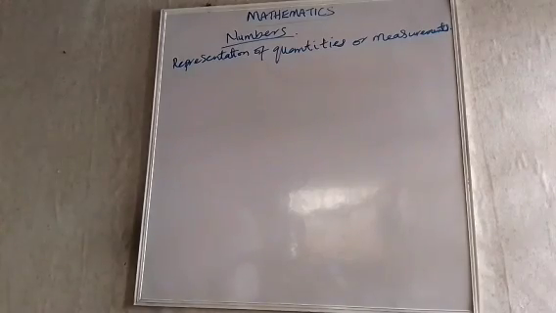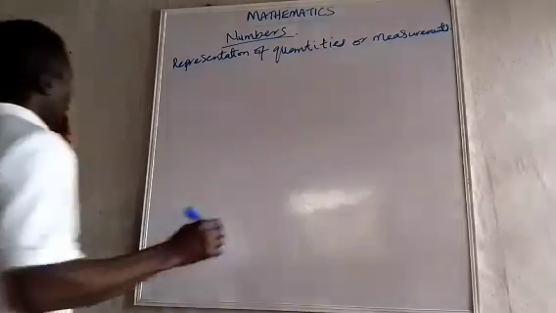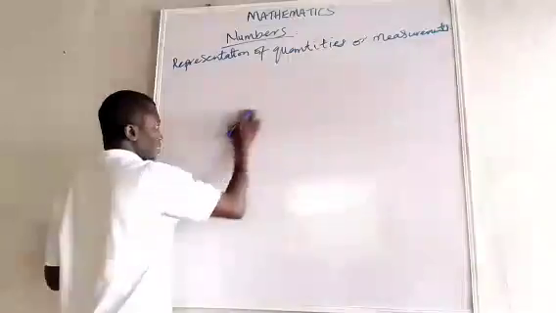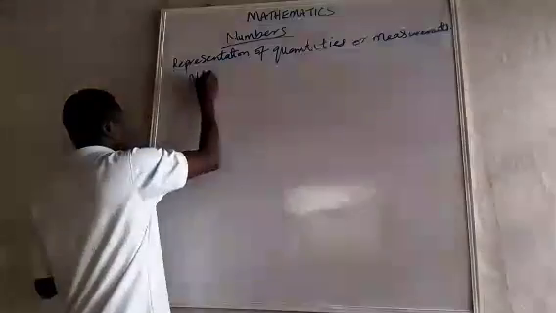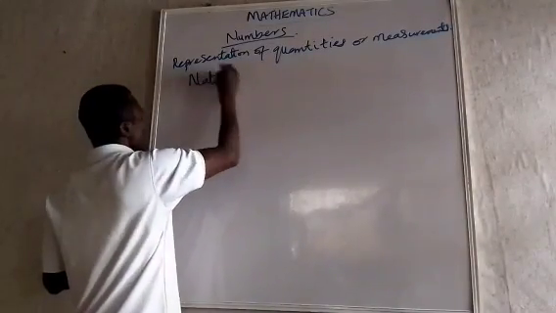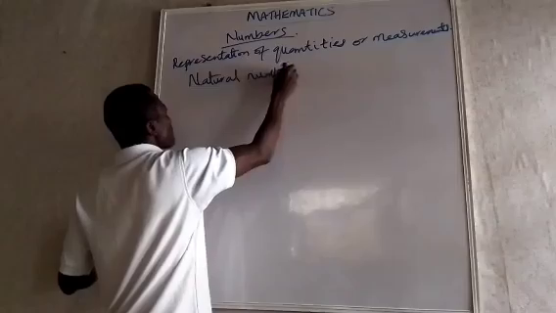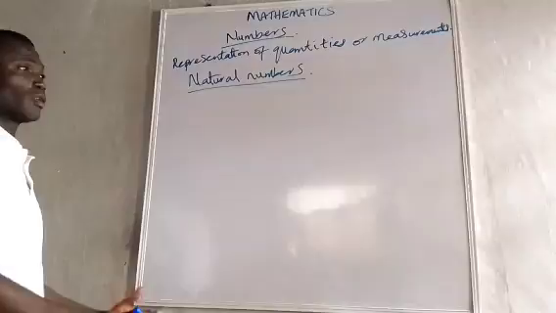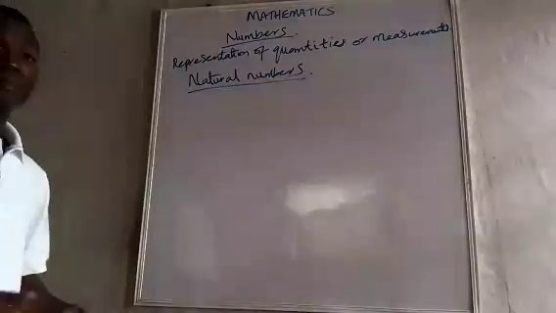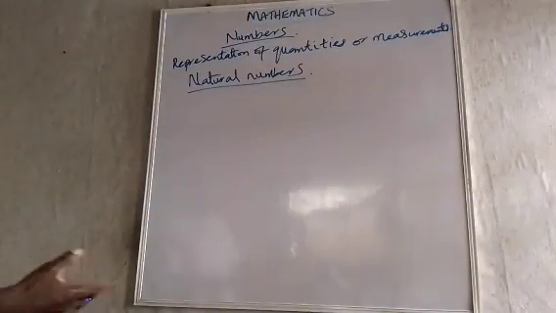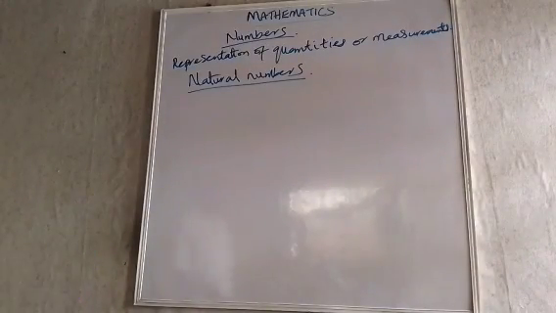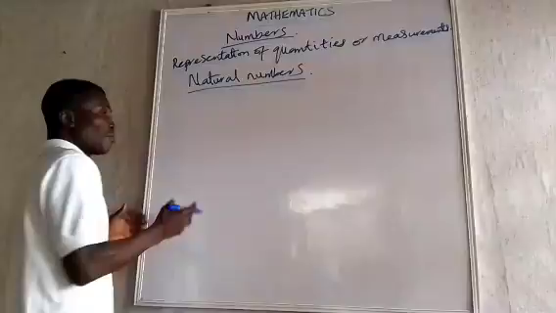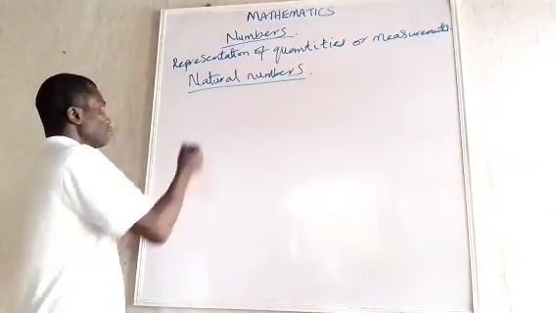Now, let's talk about natural numbers. We were talking about numbers generally. Now, this is a class of number, natural numbers. These are mainly positive numbers, the ones that we measure and handle. They are common, everyday numbers that we are used to, mainly whole numbers.